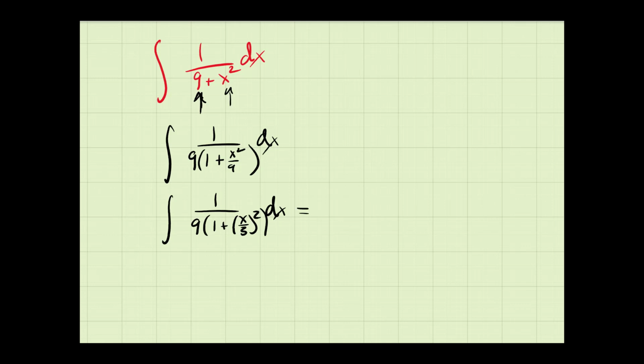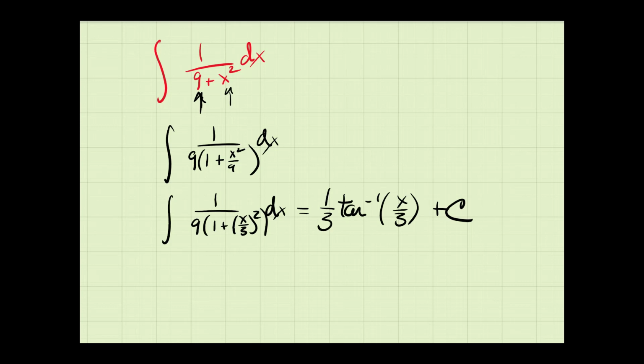So my inverse tangent now would be the inverse tan of x over 3 plus c. And I do have to deal with this 9 now. That would actually be a 1/3 in front.